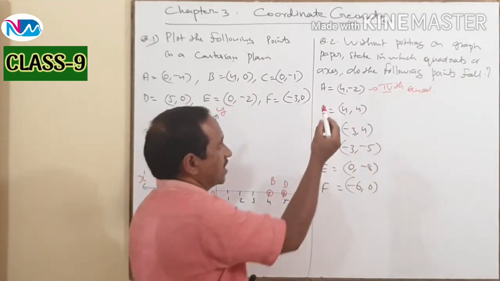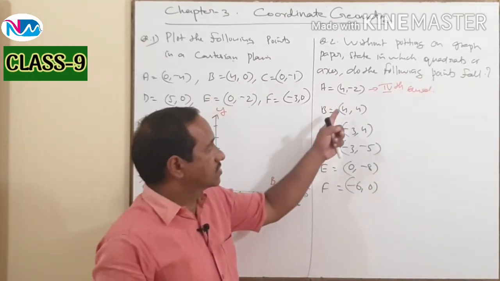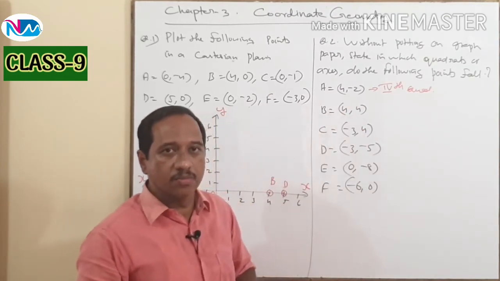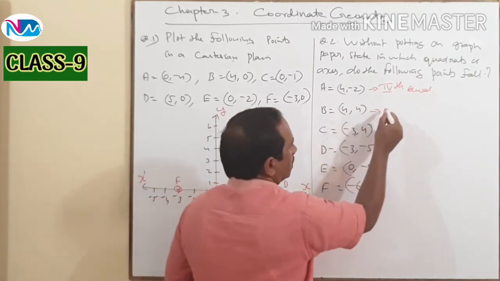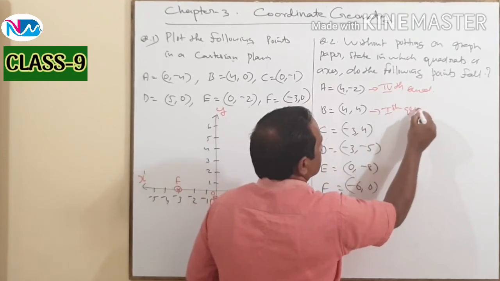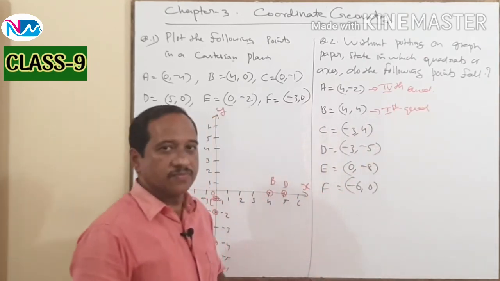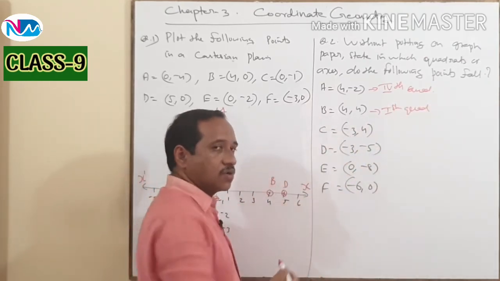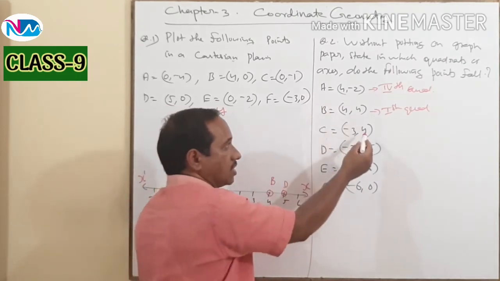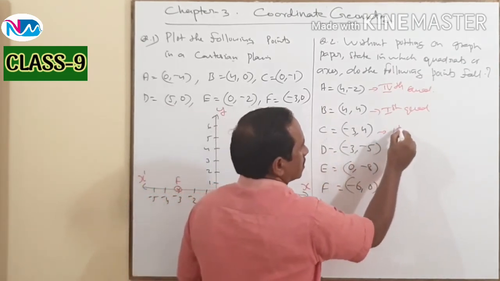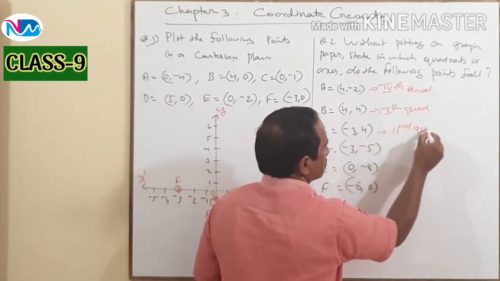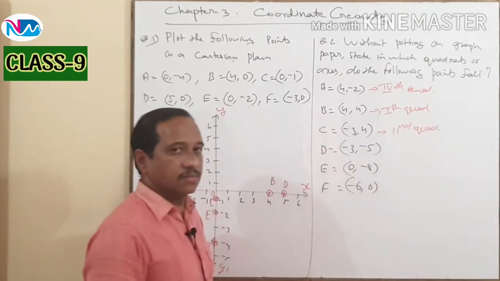And now the second point B has x-coordinate and y-coordinate both positive, then it is in the first quadrant. And the point C has x-coordinate negative, y-coordinate 4, that is in the second quadrant.